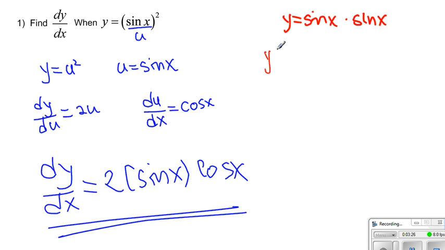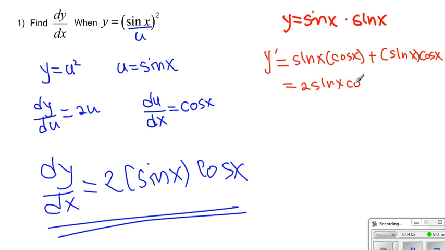So then what do we have? y prime is equal to sine of x times the derivative of the other, which is cosine of x, plus, my bad, the derivative of the first one, cosine of x, times sine of x. Then, as you can see, we end up getting 2 sine x cosine x.